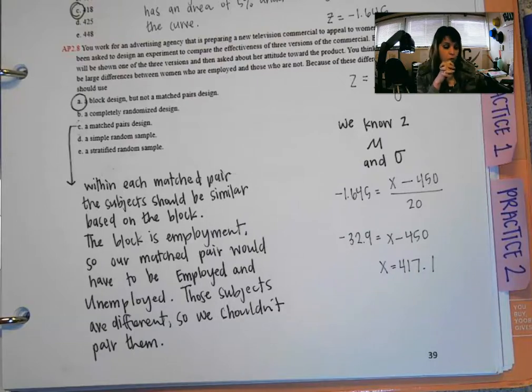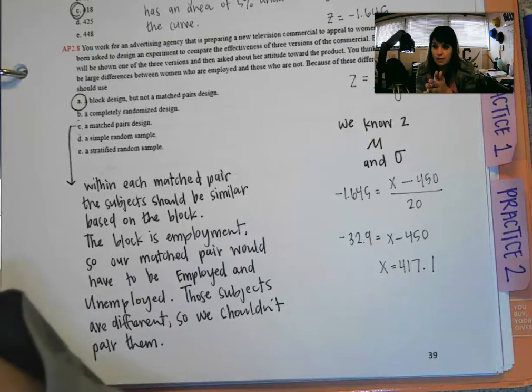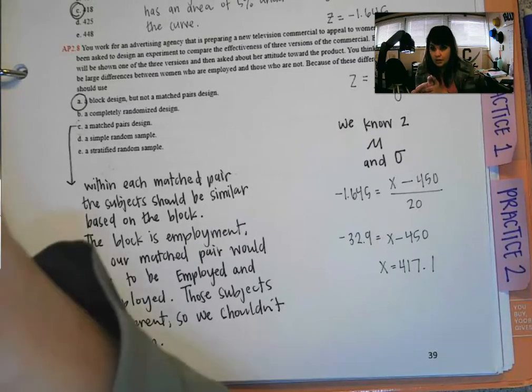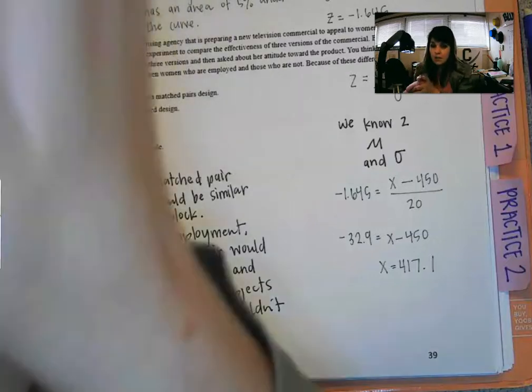So when we're talking about experimental design, random assignment's the best. Then completely randomized design. I said that wrong. The most basic one is random assignment. And then the next one would be completely randomized. And then the next one would be blocked, and then matched pairs.